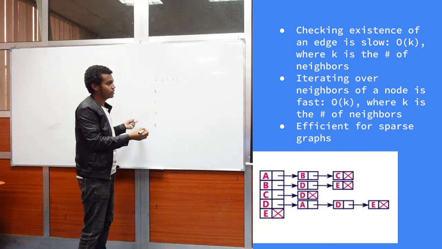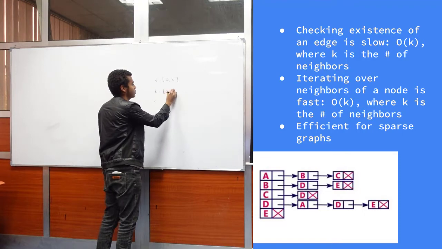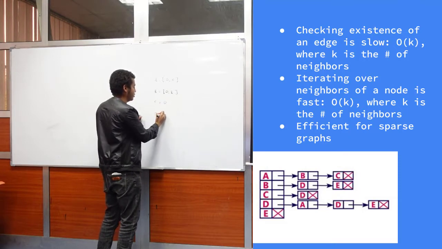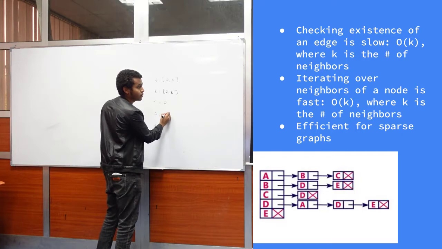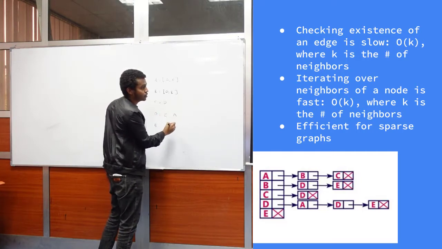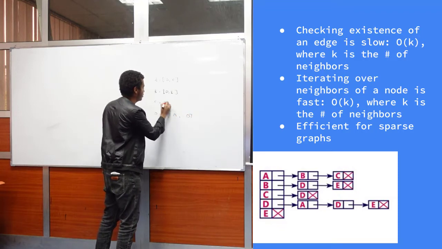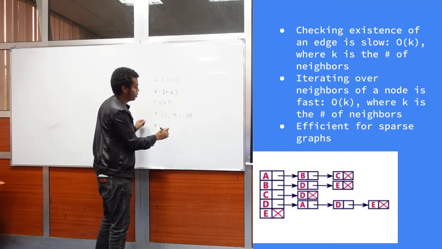For B, D and E. Then C to D, and then D to E, A, and then itself D, and then from E.